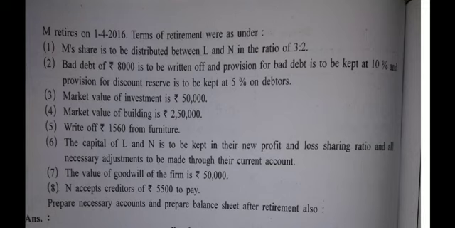Let us start with the second adjustment. Bad debt of rupees 8,000 is to be written off, and provision for bad debt is to be kept at 10%, and provision for discount reserve is to be kept at 5% on debtors. The addition of discount reserve in this adjustment is a new thing, but not completely.